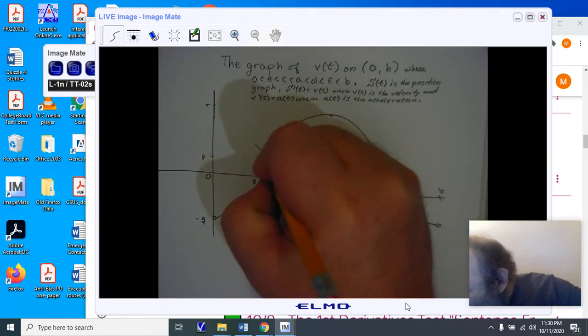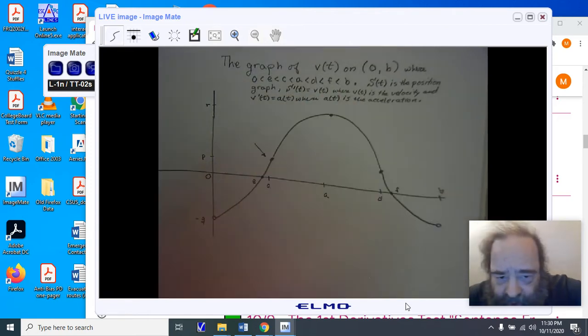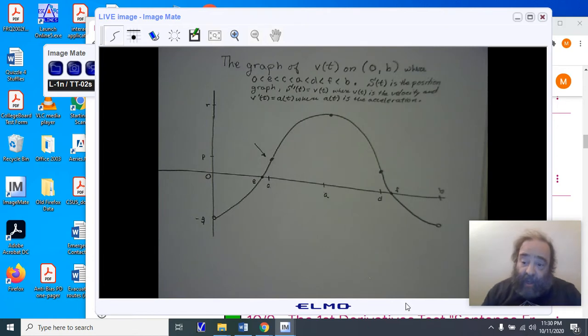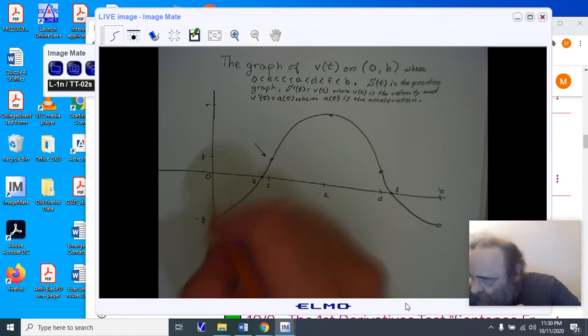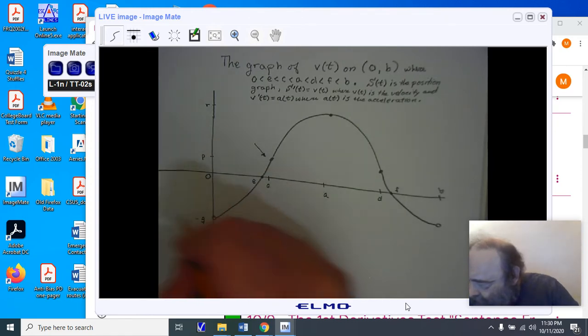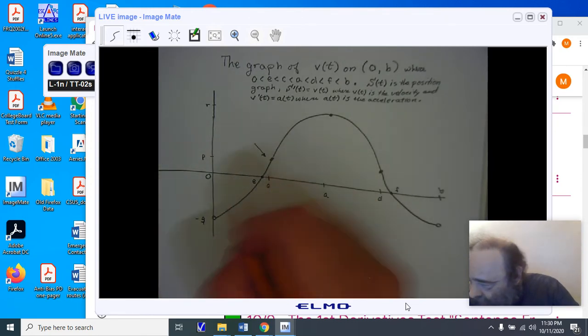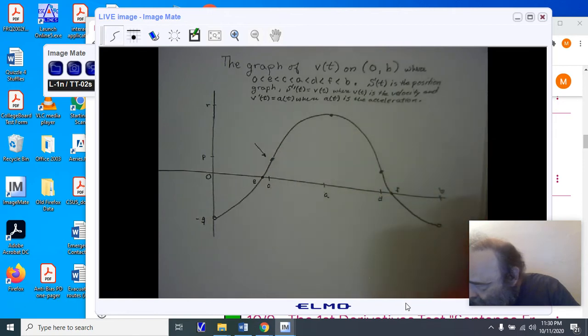A point of inflection is a change in concavity. I often refer to it as concave down makes a frown, going down. Concave up makes a cup. Think about it as a full frown or full smile.